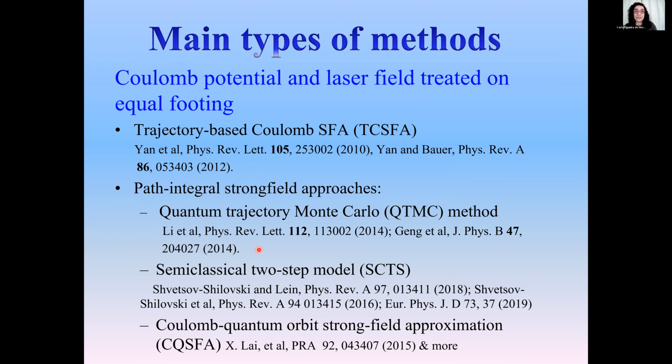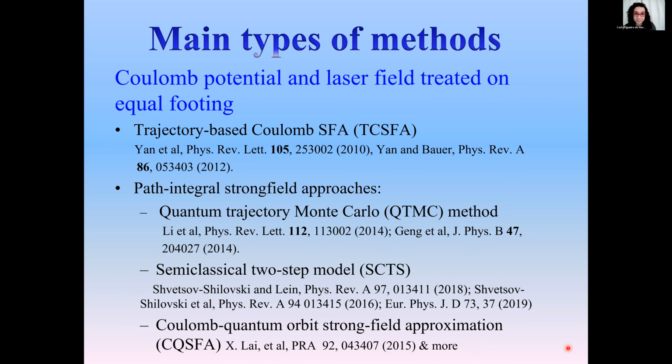Path integral strong field approaches, including quantum trajectory Monte Carlo, like a Monte Carlo simulation, but considering that you have trajectories carrying quantum phases, and the semi-classical two-step model, and ours as well, which is the Coulomb Quantum-Orbit strong field approximation. And here I put more because I'm going to talk about this in the last third of the talk.